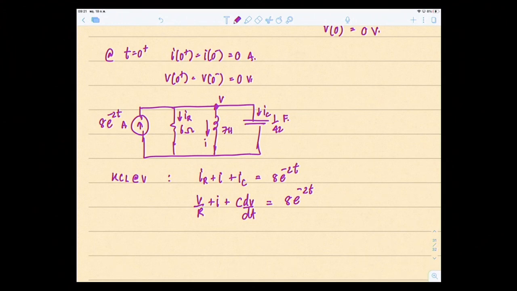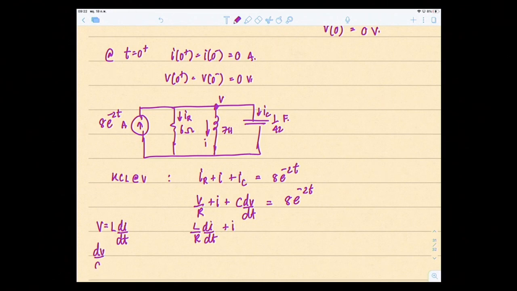Okay, V is also V across L, right? The relationship between V across L and the current through inductor L is V equal to L di by dt. So I substitute this in wherever there is V. Of course, V over R becomes L over R di by dt, plus I_C, C dV by dt.